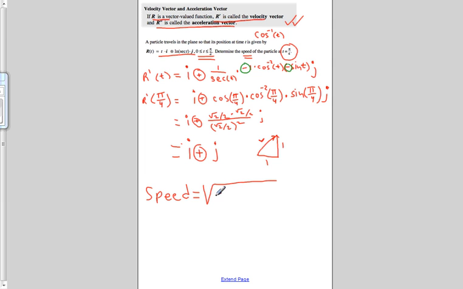So let's say r prime of t in the x direction plus r prime of t in the y direction. So for this particular problem, it's going to be the square root of 1 squared plus 1 squared, which is just root 2. So that's our speed.